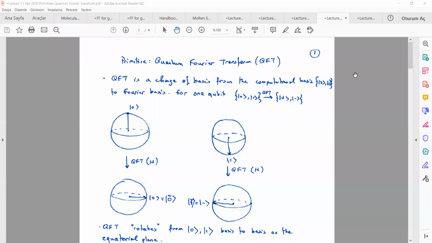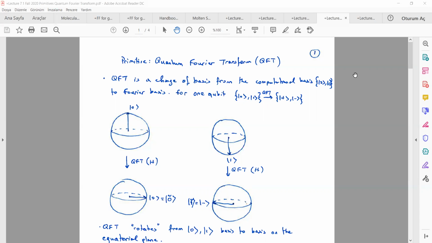Okay, so the first primitive regarding Shor's algorithm we are going to discuss will be the quantum Fourier transform. For those of us who have an engineering background, we are all familiar with the Fourier transform, discrete Fourier transform, or fast Fourier transform, various versions of the Fourier transform.